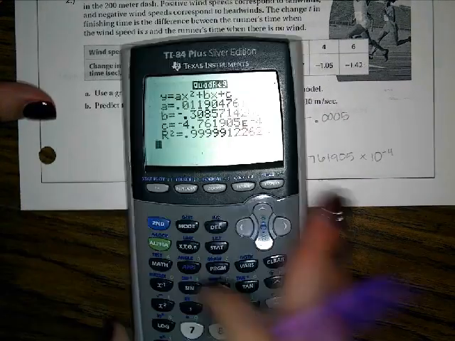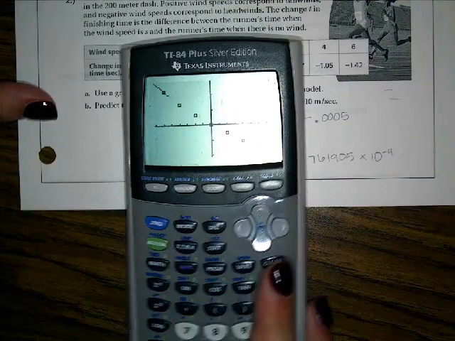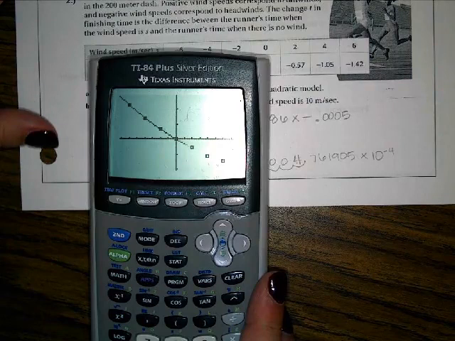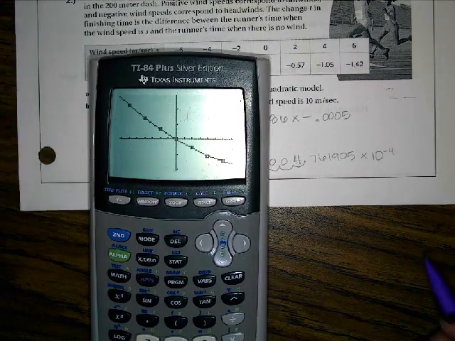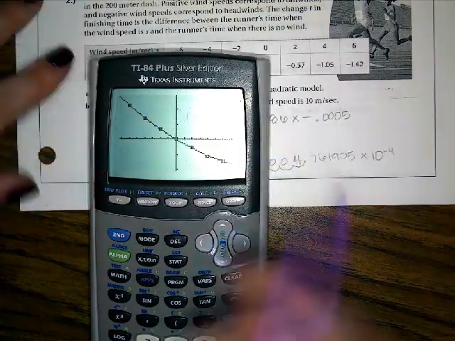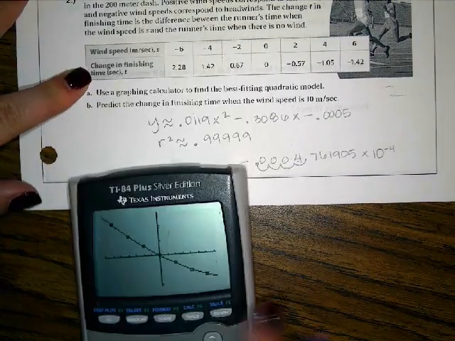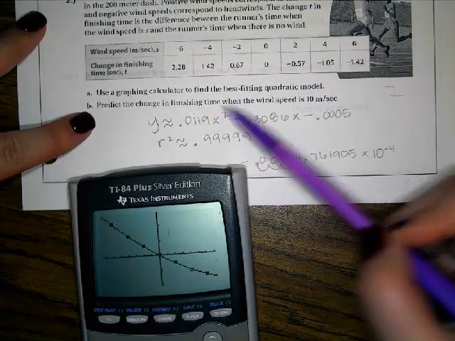Now, we're going to take this equation. Let's go ahead and graph it actually so we can see it. So hit the graph button. All right. So from here, they want us to take this equation for part B, and they want us to predict the change in the finishing time.